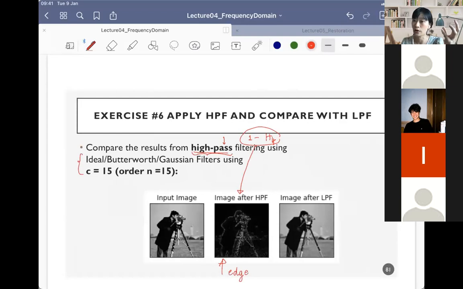The edge or the changing color, the area where there is color changing in the image. It can be used for edge detection as well. It's quite similar to when you apply the derivatives, or you remember the Laplacian or the first derivative, you will see the small detail or the change in the image pixels, only those areas.